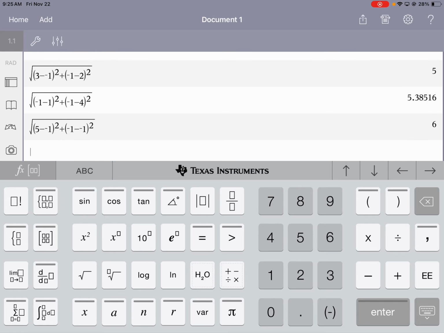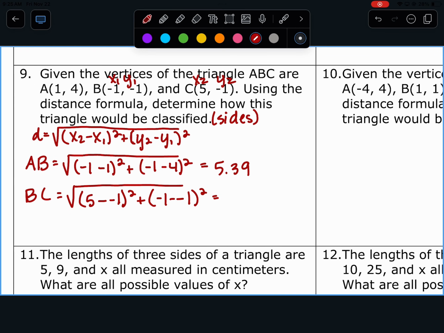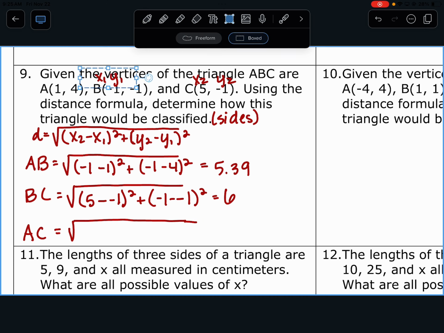All right, so I get 6 for that one. And then we have AC for the last side. So I'll just put this back over here with A.